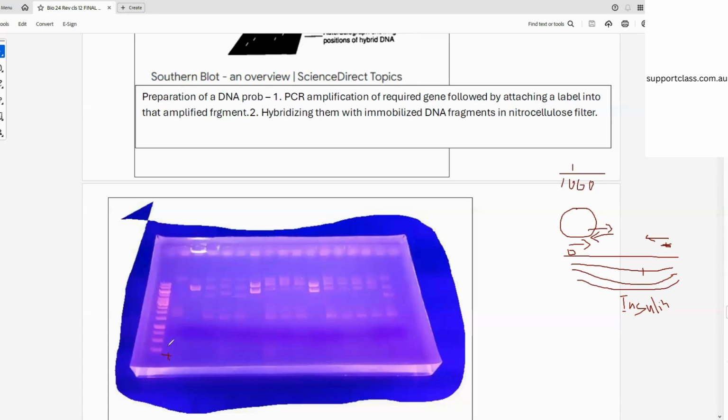Maybe the fragment is somewhere like 500 or 1,000 base pairs. So there's a big possibility of having one nucleotide mutated by Taq polymerase, the error rate of Taq polymerase.